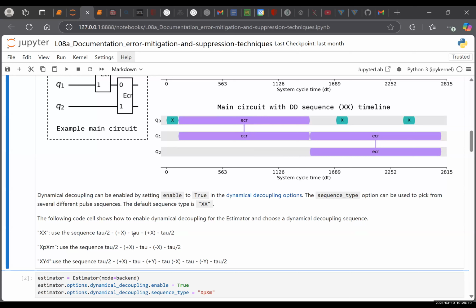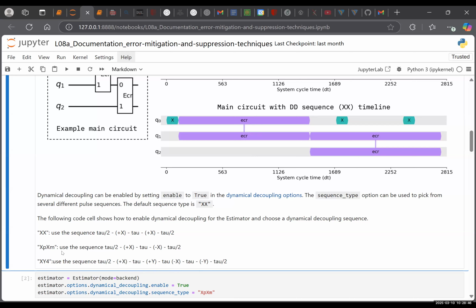XX uses tau, plus x, tau. Let's see what tau is: the idling time between the two. Tau is this time. This is tau over 2, plus x, tau, plus x, and then tau over 2. So that will be the sequence. You also see that it could be minus x, so it's x plus and x minus. You could also have a 4-pulse sequence using y, in this combination: plus x, plus y, minus x, minus y.